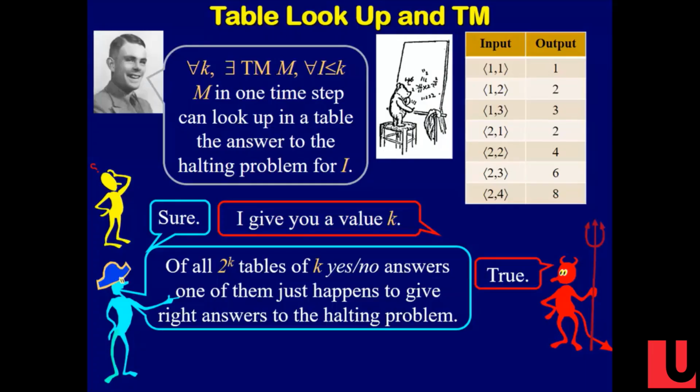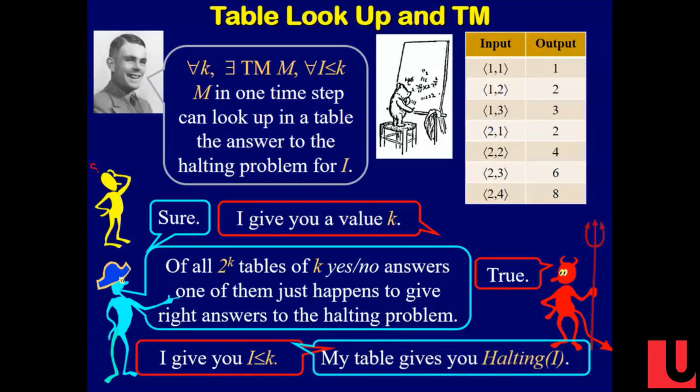But if it doesn't halt, how long do you run it before you say it doesn't halt? That's our problem. Everybody getting this? This table is out there somehow in existence, in fairyland. And so when you give me an input of size K, if K is small enough, I can do table lookup. Everybody good?